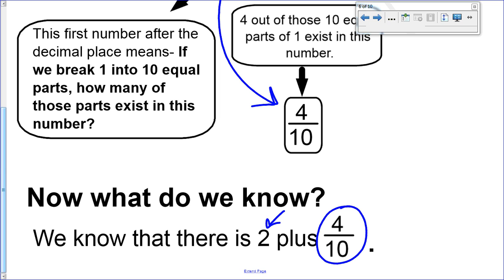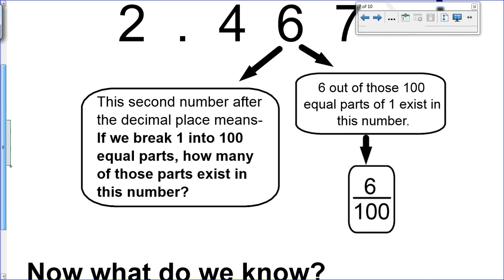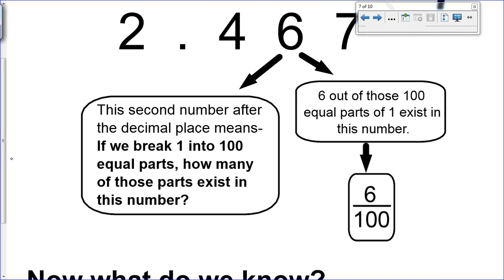Okay, but we have some more numbers to look at. Why don't we look at the 6, the next number? So the same thing. If we broke our little candy bar up here into 10 parts, just like in the illustration before, this one's going to be broken up into a theoretical 100 parts, because I can't actually draw 100 parts, but let's just imagine that this is a candy bar that you have managed to break into 100 equal parts, and you have 6.